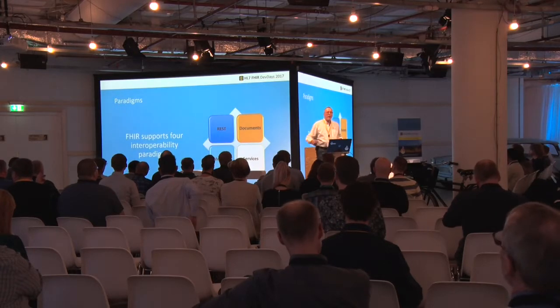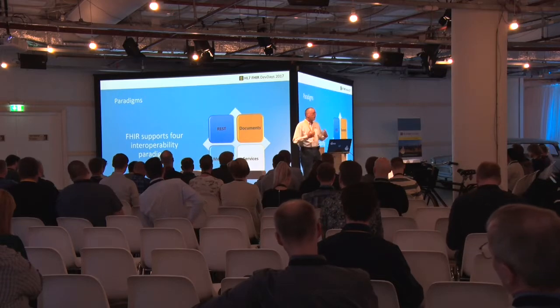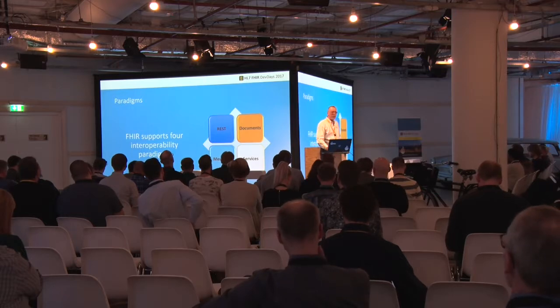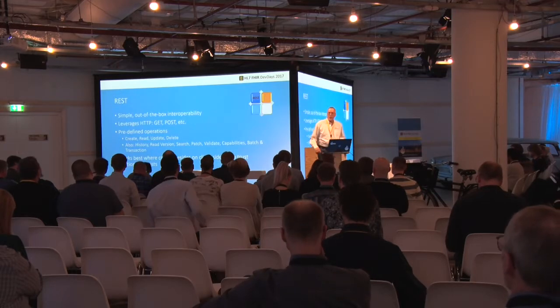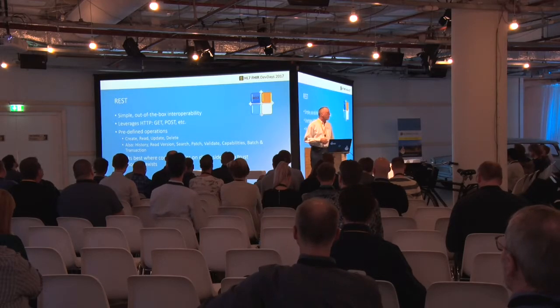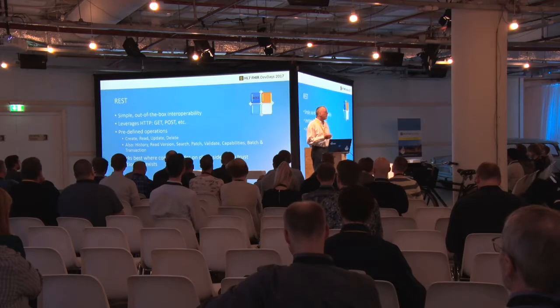So now FHIR, as a means of supporting interoperability, supports various paradigms to implement that. So we have things like REST, documents, messages, and services. Well, REST is pretty straightforward, and this is actually the default paradigm you'll see in the FHIR specification itself. Simple, out-of-the-box interoperability leveraging the HTTP protocol for GET, PUT, POST, and so on.